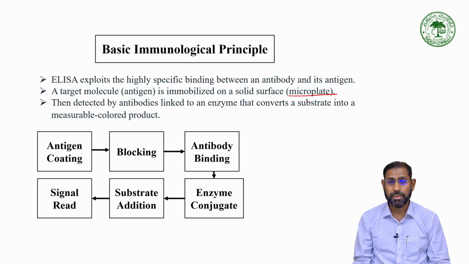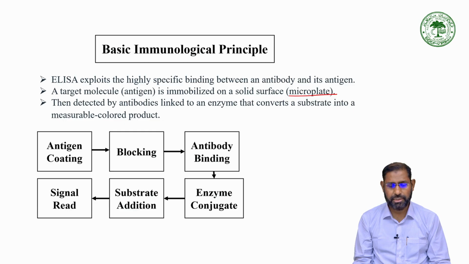That's important. It means the enzyme is linked with the primary antibody or an antibody, and this is going to convert the substrate, when we add it, into a measurable color product. It means you can measure the color product.